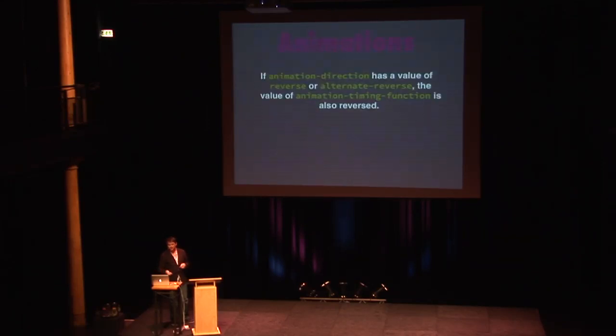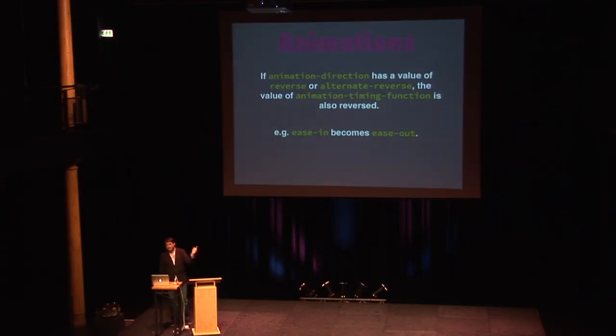One little tip on that. If animation direction has a value of reverse or alternate reverse, the value of animation timing function is also reversed, which means ease in becomes ease out. Beg your pardon, I've put that wrong on the demo as well. Should have checked these before I did this.